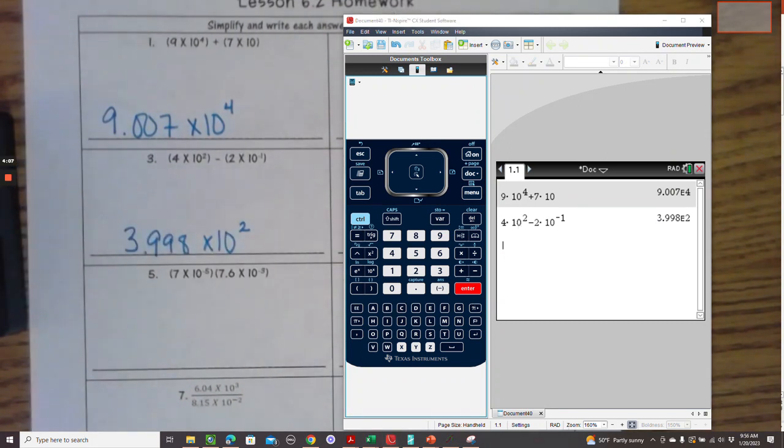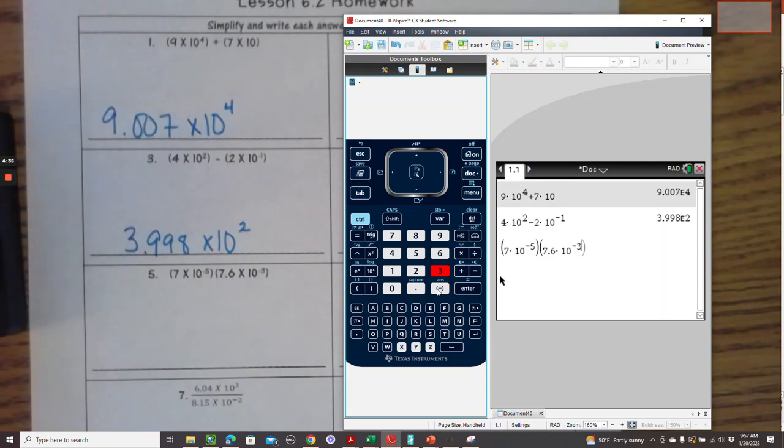Okay, so now we've got 7 times 10 to the negative 5th. And then you just close your parentheses, open a new parentheses. That's multiplication. 7.6 times 10 to the negative 3rd. Yes, that is how you write scientific notation. It's times 10.